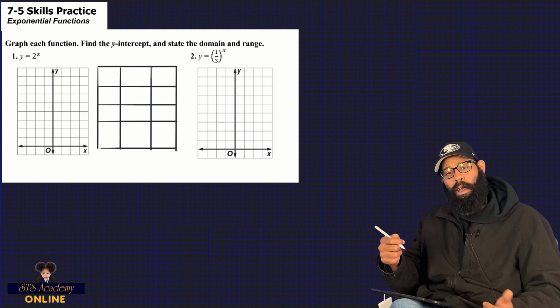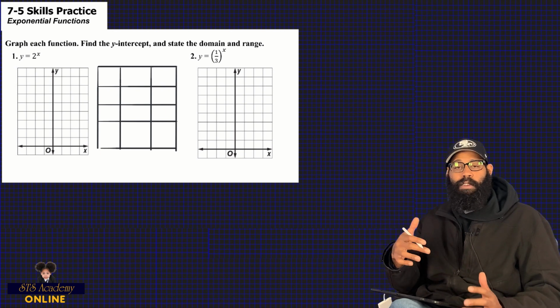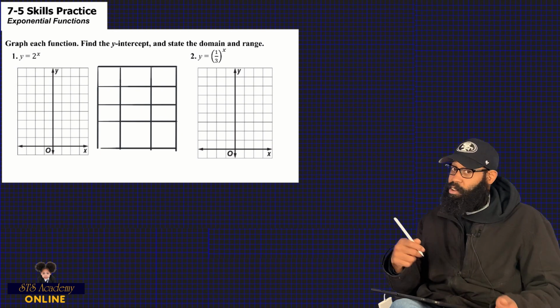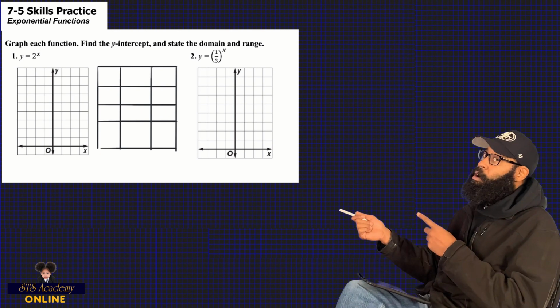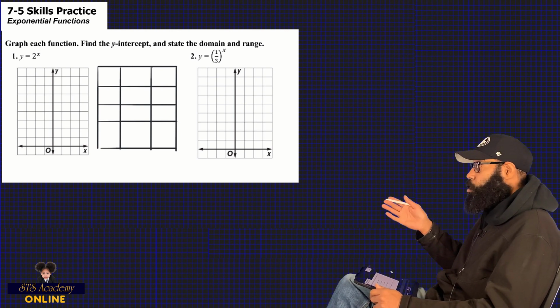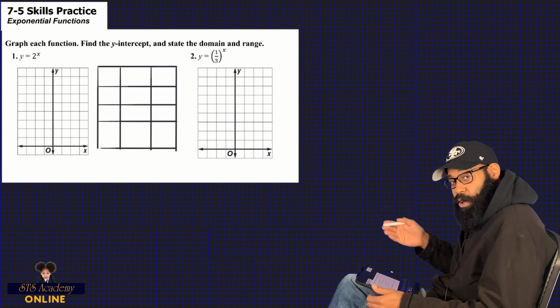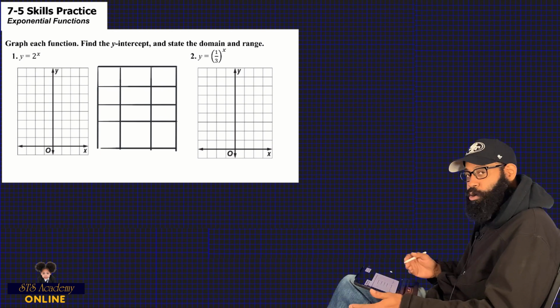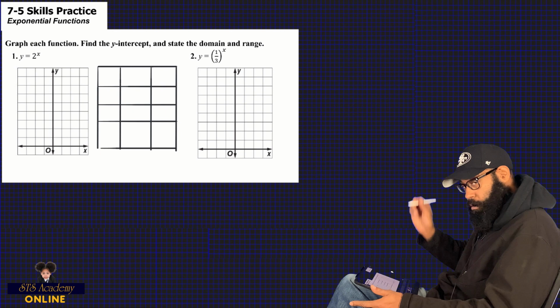An exponential power. So what we're going to be doing is graphing, and one of the best ways to graph is using a table. So I'm going to be using tables in order to show and describe what these graphs will look like. And exponential, growing really, really fast. So let's keep going, guys.